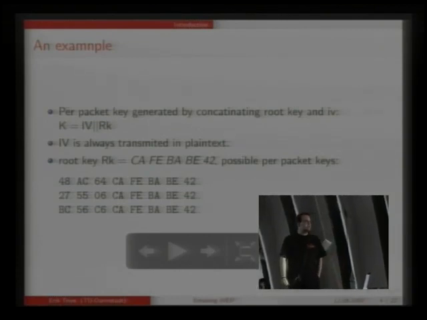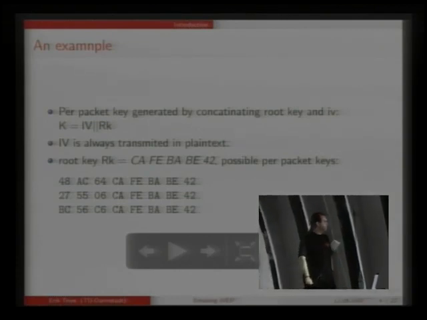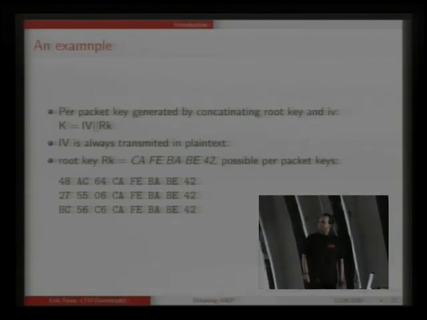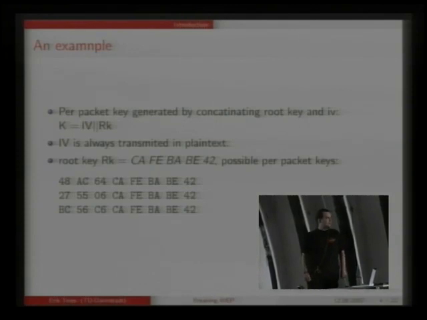So the first 3 bytes are always somehow random, or at least mostly different, and the last bytes of the key are always constant. So you are sending a lot of packets with a lot of different keys, which are all very, very similar, which means that they all share a common suffix, but only the first 3 bytes of every key, which is used to encrypt the packets, are different.